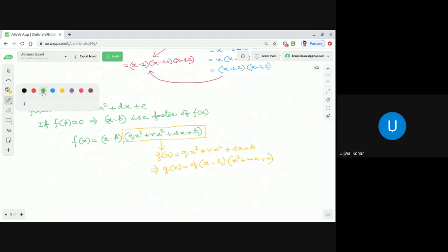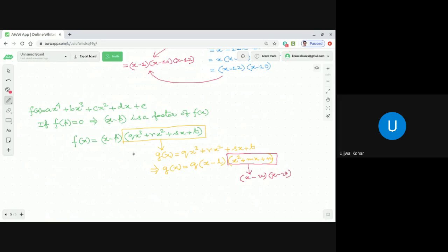Now it is pretty simple to factorize this particular term x square plus m x plus n. You can use middle term factorization. Correct? So you will get two terms. Suppose you can express this as x minus u into x minus v.